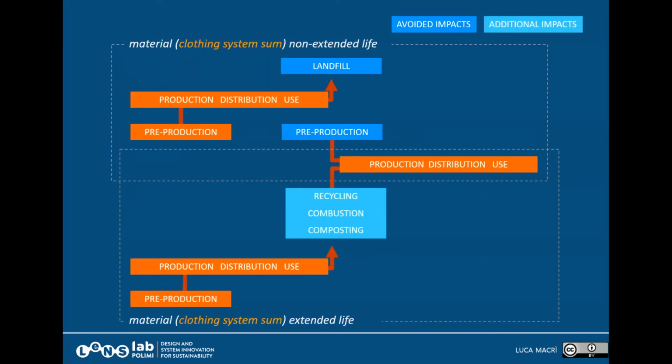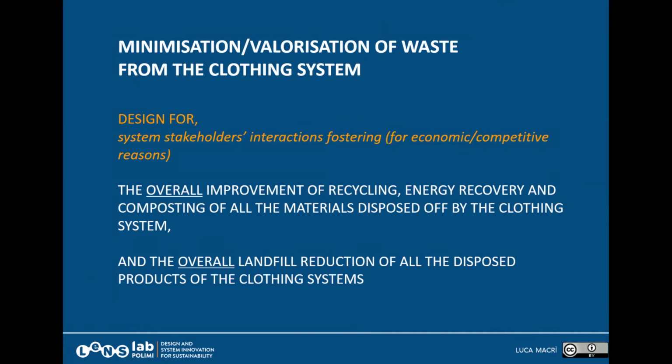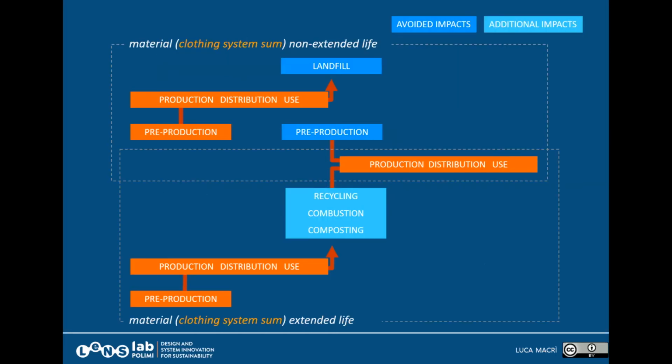Minimizing and valorizing the waste. So we are talking about recycling and valorizing the waste from the clothing system. So you recognize the diagram. We were discussing how you avoid some impacts of landfill and pre-production of other material.